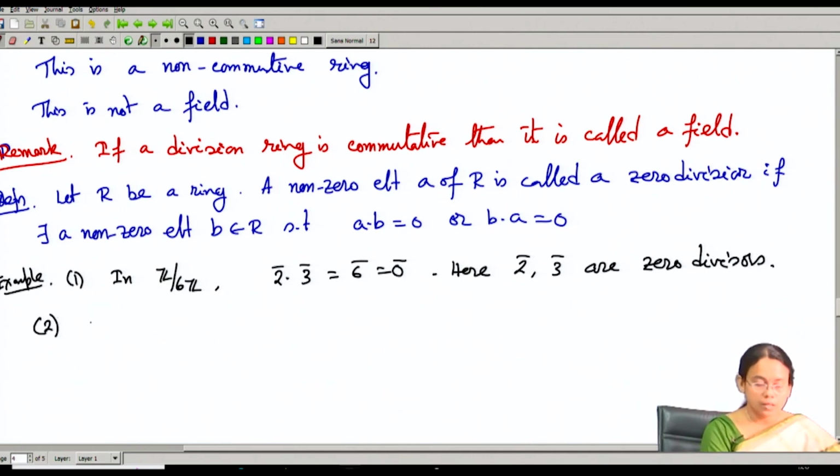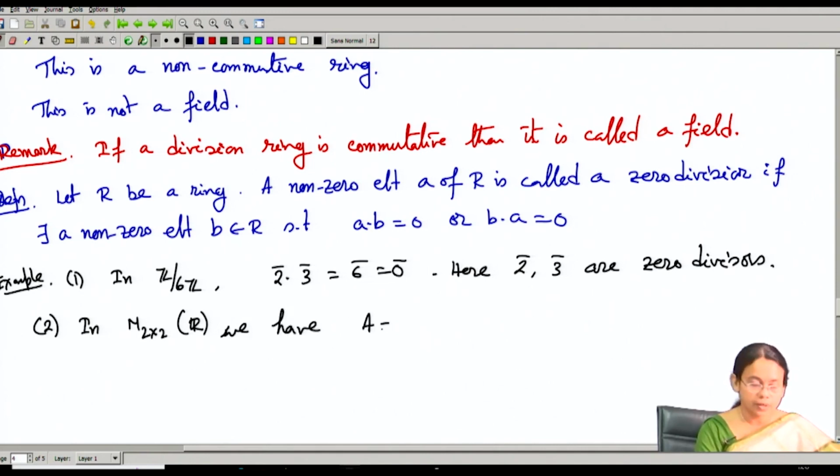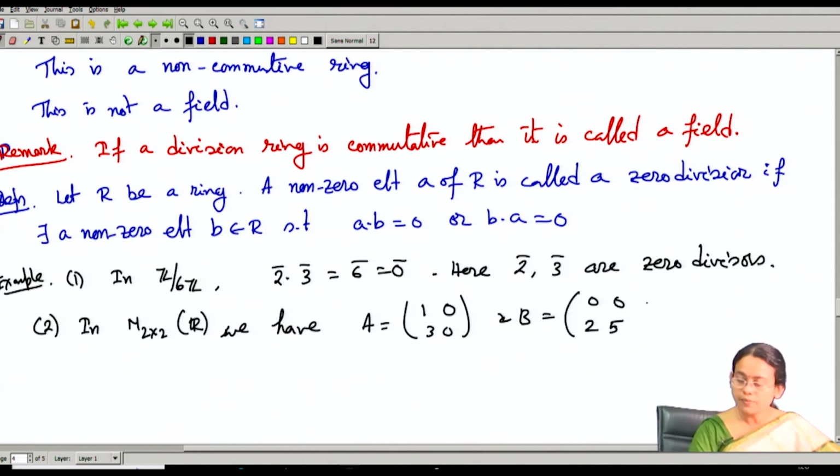Also, in the ring of 2 cross 2 matrices over real numbers, I have two matrices, for example A equal to 1 0 3 0 and B equal to 0 0 2 5.